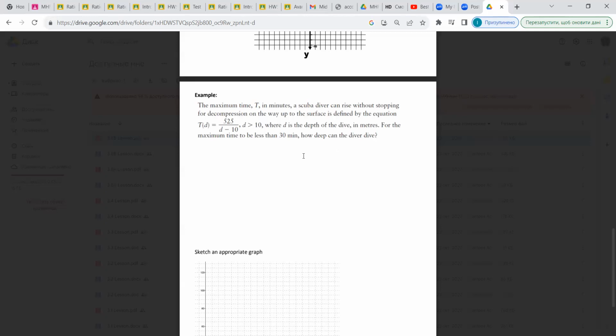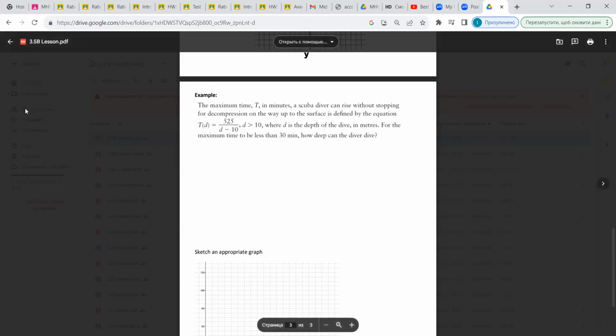So basically what this says to us is that we have certain restrictions on the range of the function, because the maximum time should be less than 30 minutes. So time should be greater than 0 and less than 30, right? This is our range restriction.